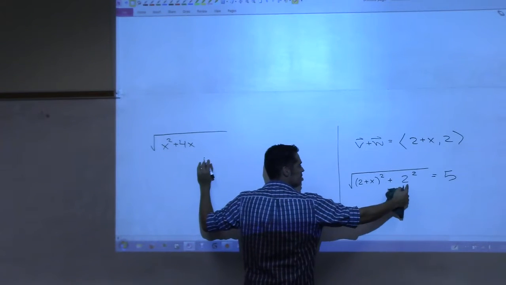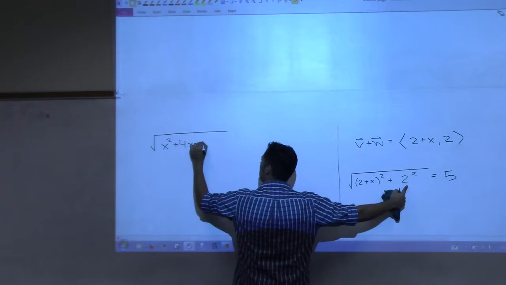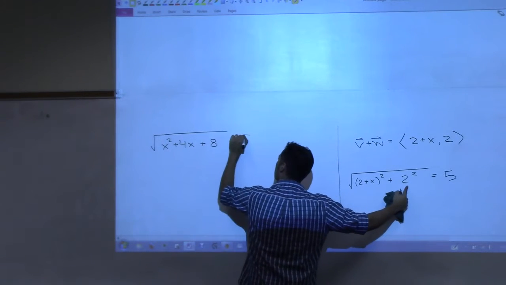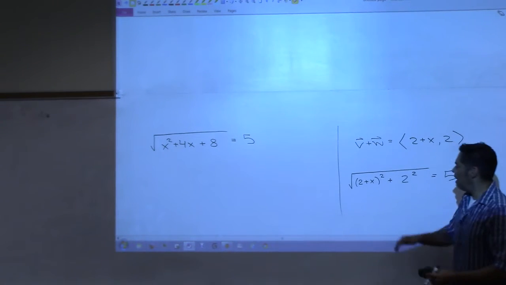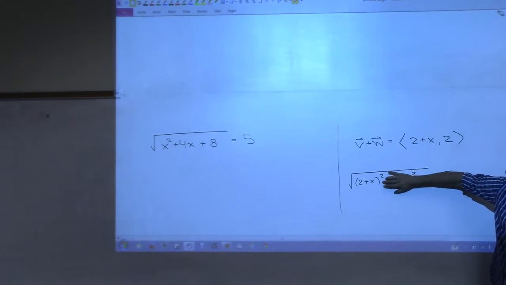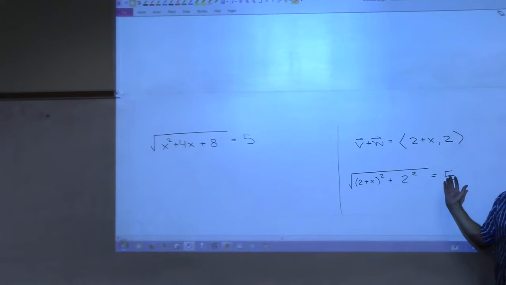But then plus 4 again, so that'd be plus 8 equals 5. I'm trusting that you could expand that out, get x squared plus 4x plus 4, then add 4 to it again and get 8. So we got root of all that stuff must equal 5. And we're trying to solve this for x, right? So this is a radical equation.